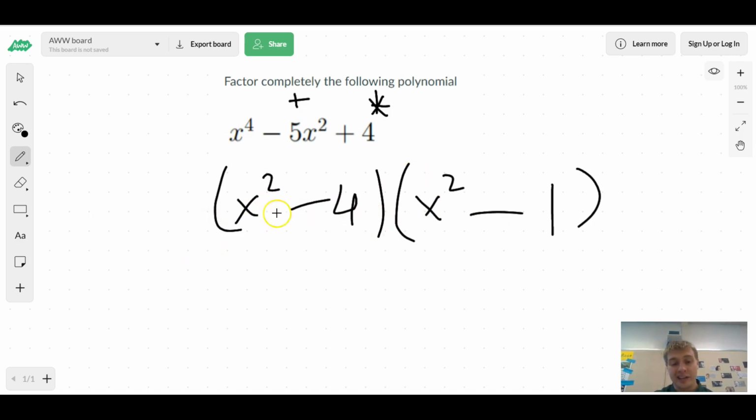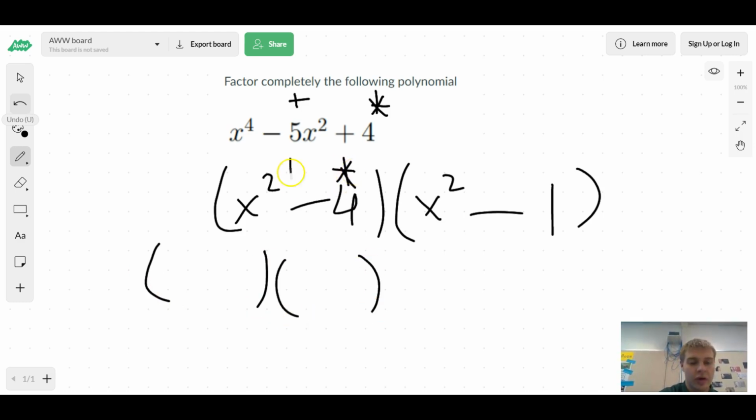Now, if you left it like this, you're wrong, because that's not factoring completely. Sometimes you can factor this. So when I look at that, I know that I can factor that because there is a number that will multiply together to give me 4 and add together to give me the missing term, which is 0.